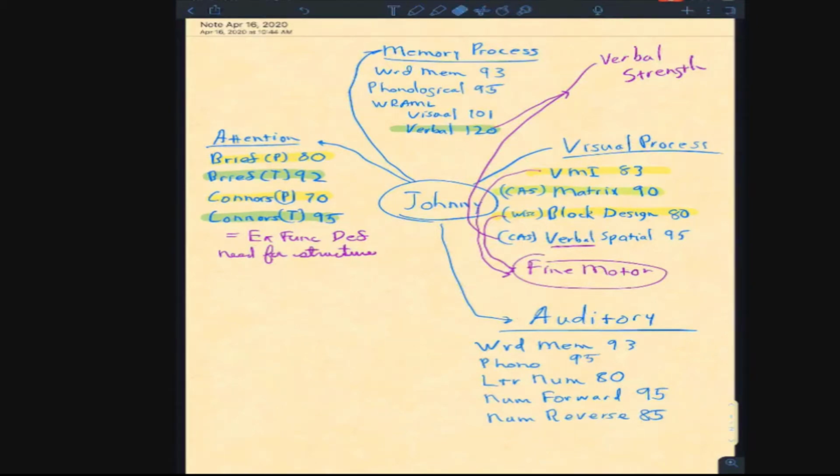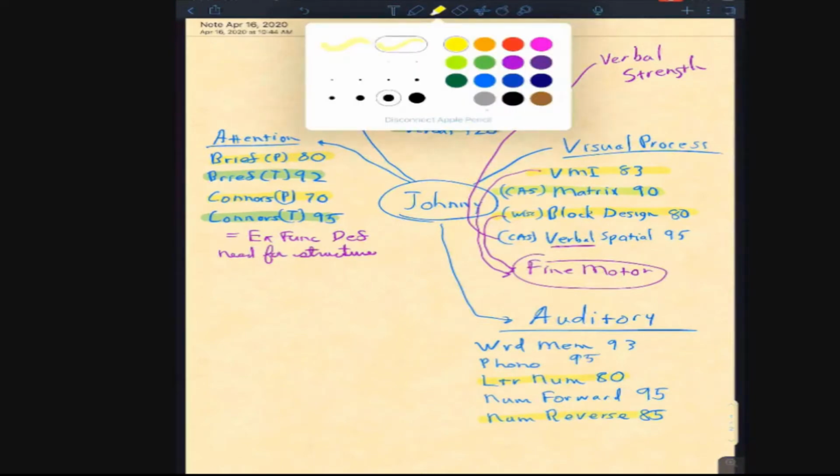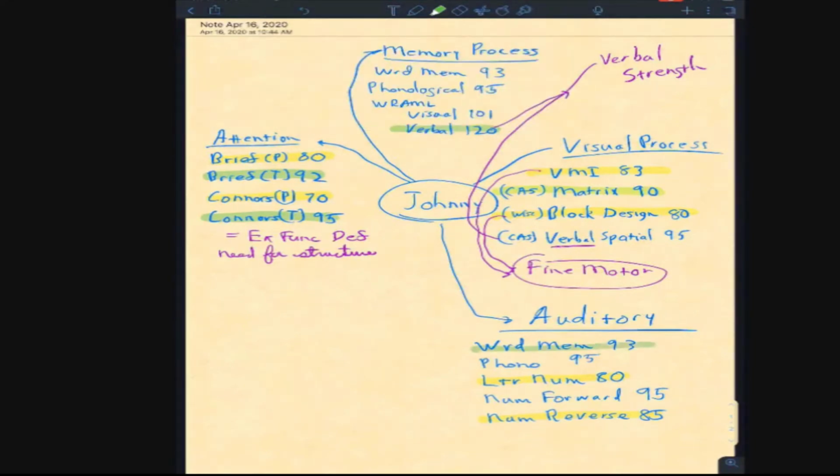Okay. So we've got a couple of low scores here that kind of stand out. Otherwise, we've got some good attention processing. So did we just ignore those low scores? Well, let's take a look at them.